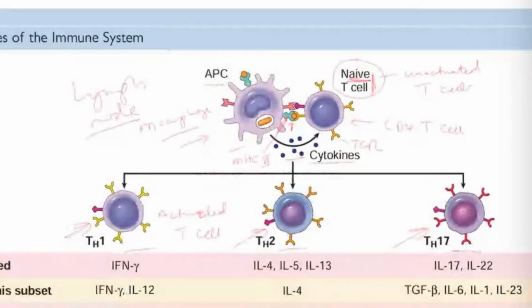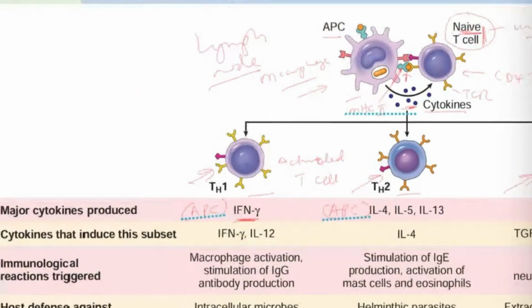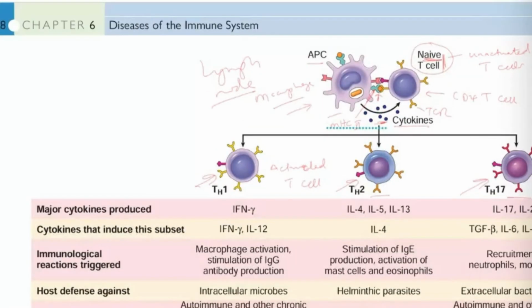So in this case, if the APC produces interferon gamma, this interferon gamma is coming from the APC. All these ones you're seeing up here are coming from the APC. Sorry, I'm making a mistake here. The cytokine that induces this subset is coming from the APC.